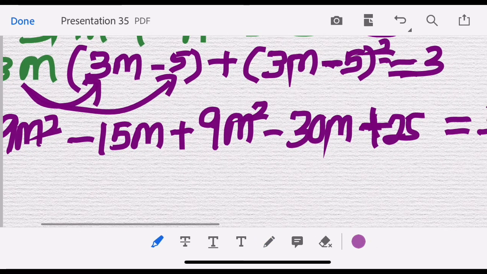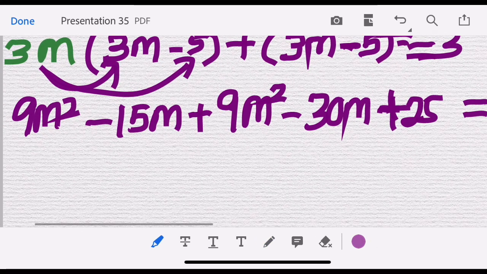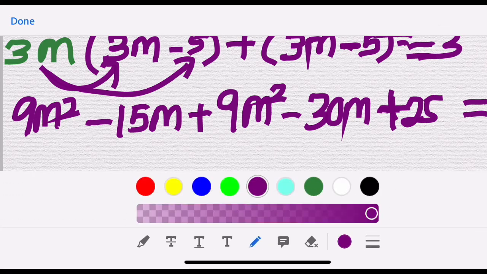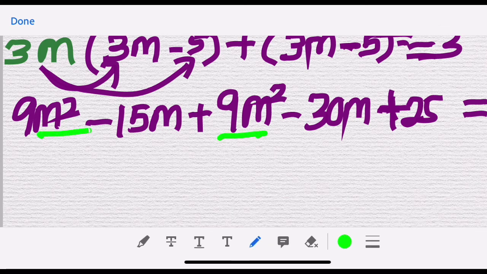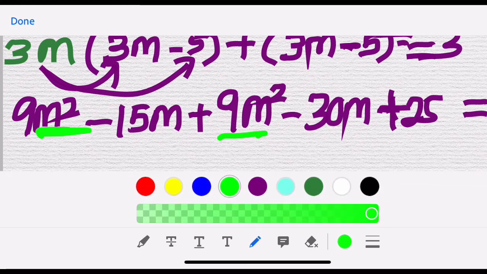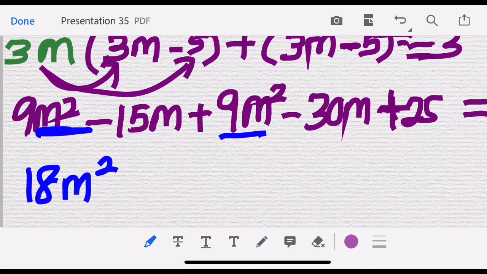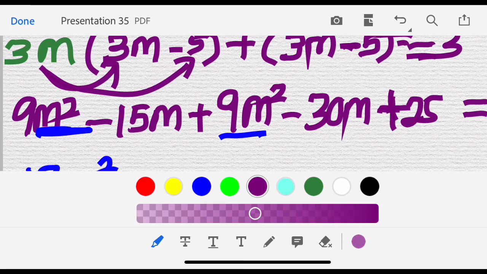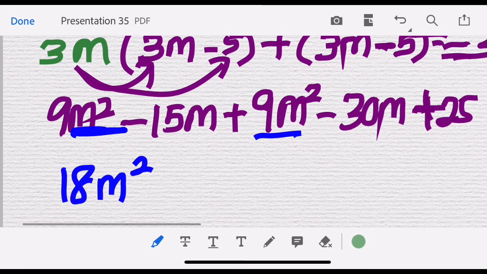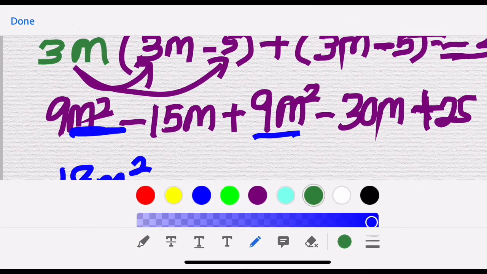Now let's focus on the like terms. You have how many like terms? Suppose we can see these two, so we will have a different type of like term, which is 18m square. So we settle the m square. Now for this one, we will use the other color so that we will focus on the like term.